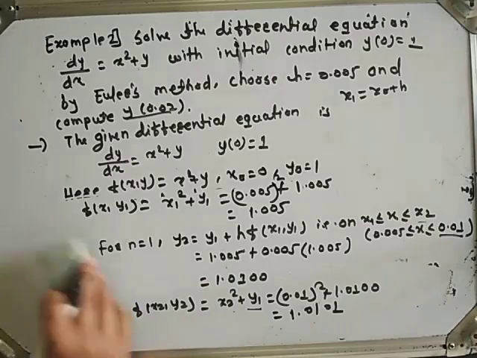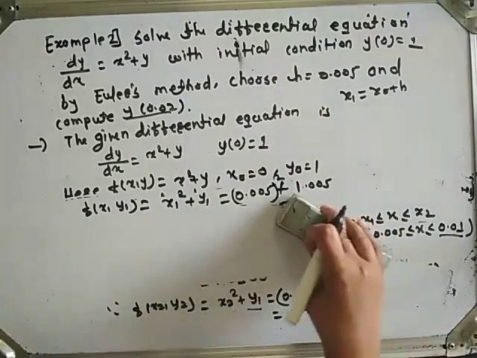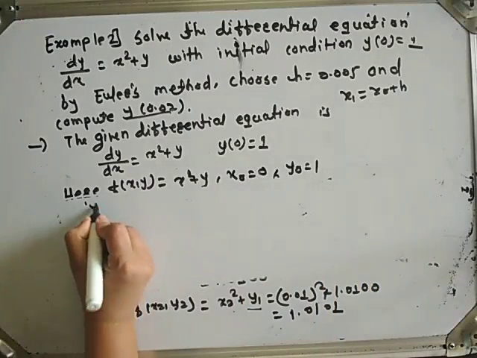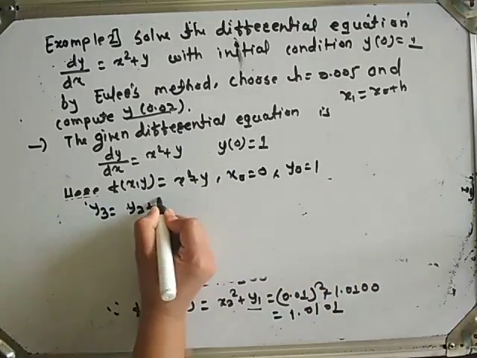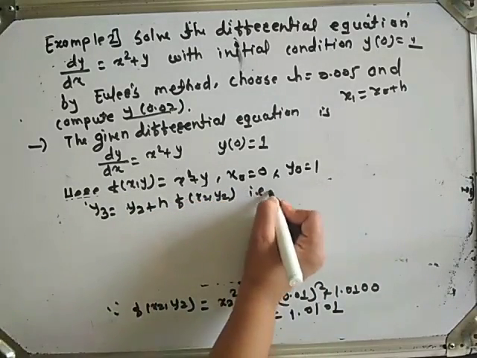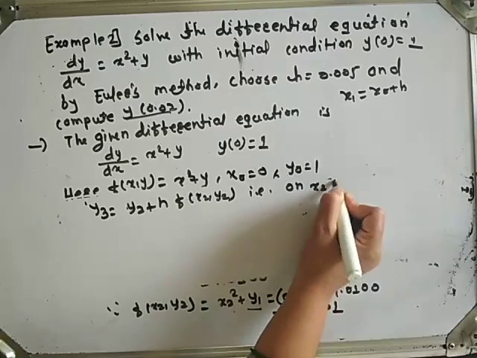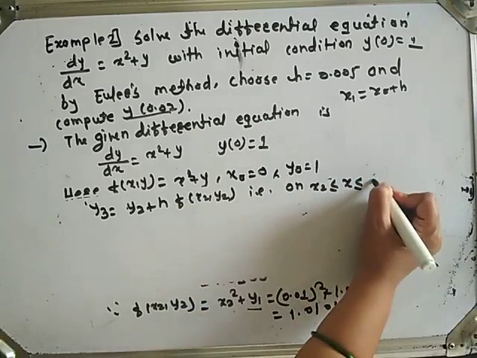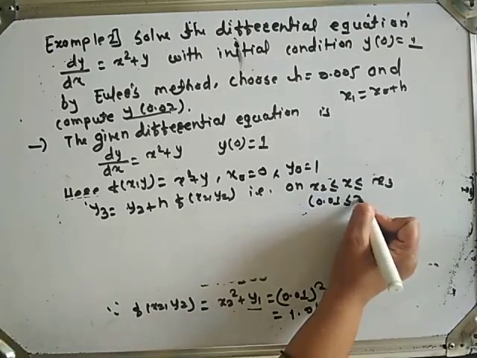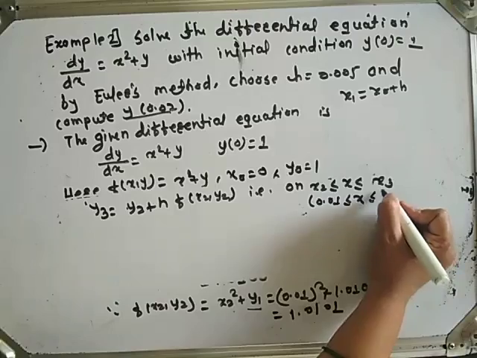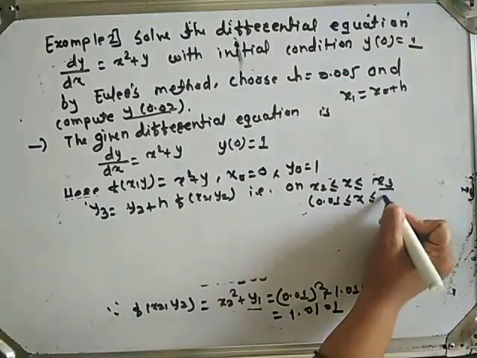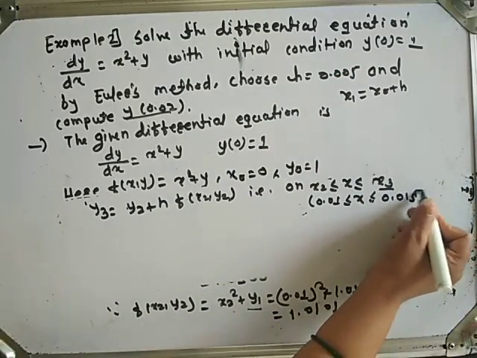Therefore y3 equals y2 plus h into f of x2 comma y2, where x lies between x2 and x3. x2 is 0.01, which is less than or equal to x less than or equal to x3, which is 0.01 plus 0.005, that is 0.015.